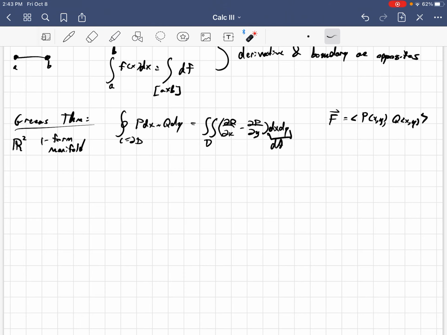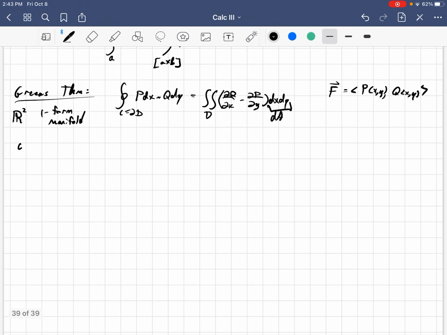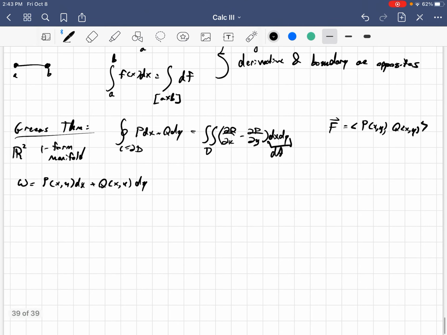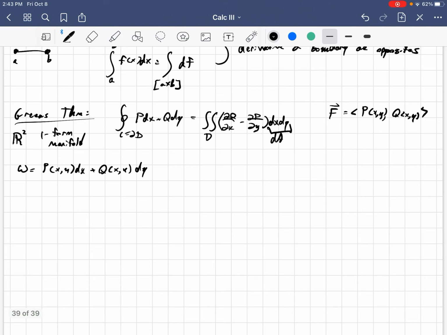So what's the form of a one-form? Well, omega, our one-form, would be P of x,y dx plus Q of x,y dy. Okay, so realize that, wow, that's very similar.